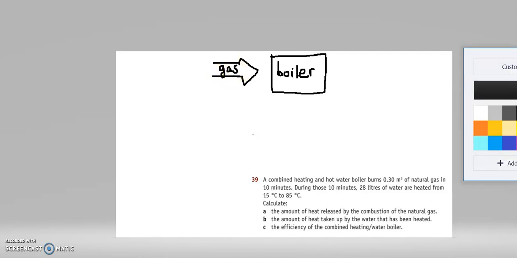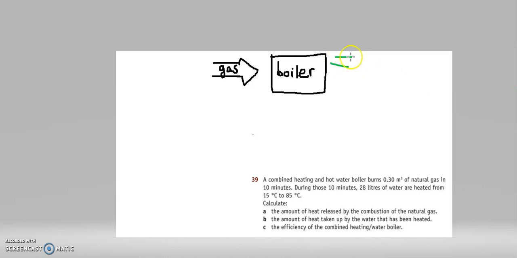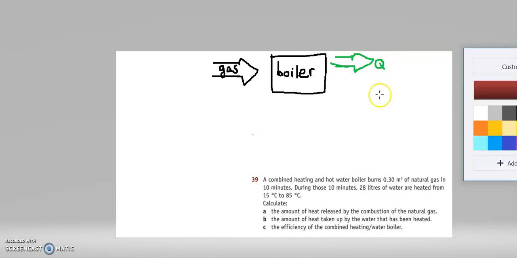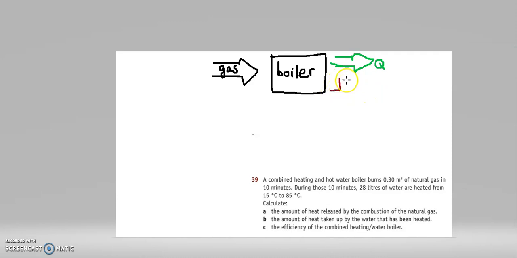The output energy is heat as useful, and so Q is the useful energy. And we also have some energy loss, and as I said, it could also be heat. So this is energy loss.